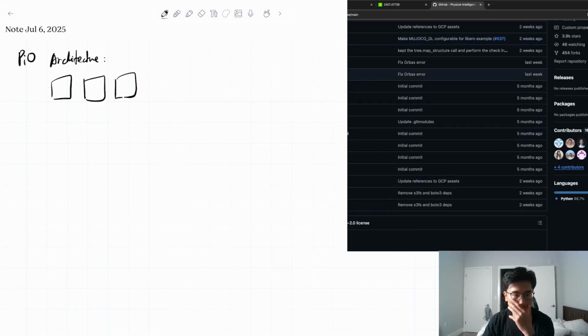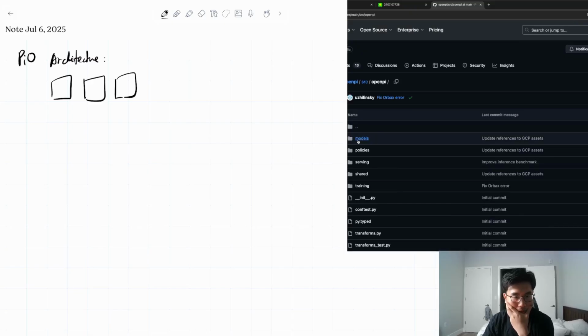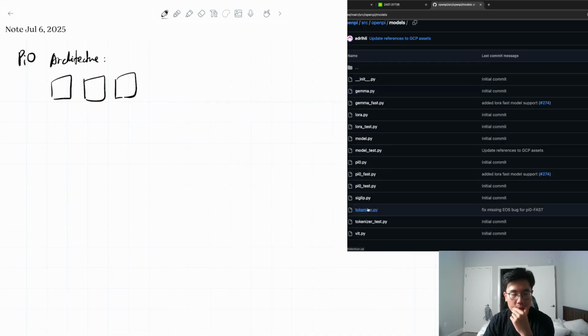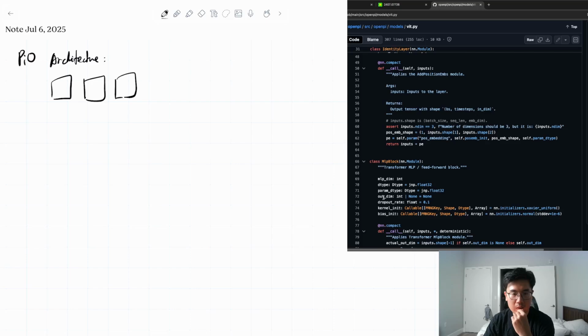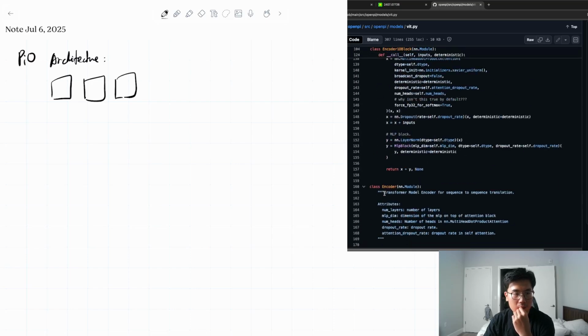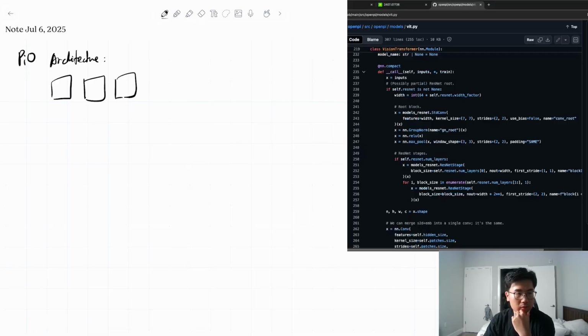Yeah, is there a paper here? Open source Pi models. Their tokenizer is here. Pi0. Their vision transformer is here. Is there a config file they have?